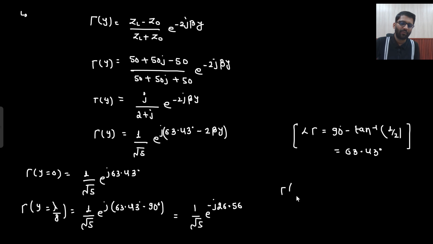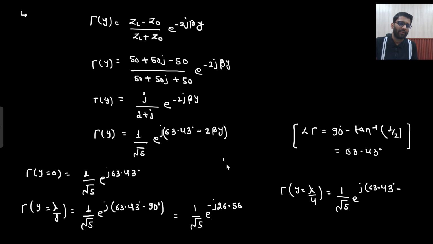What about at lambda by 4? Y equals to lambda by 4. So whatever is there at lambda by 8, the angle will be subtracted by minus 90 degree. Why is that so? Let's just write down the formula. E to the power j 63.43, and here you are going to write 2 beta y. So what that would be? 4 pi by lambda into pi by 4.